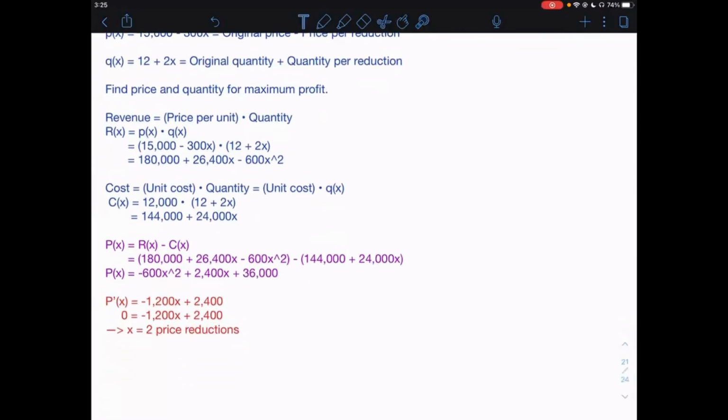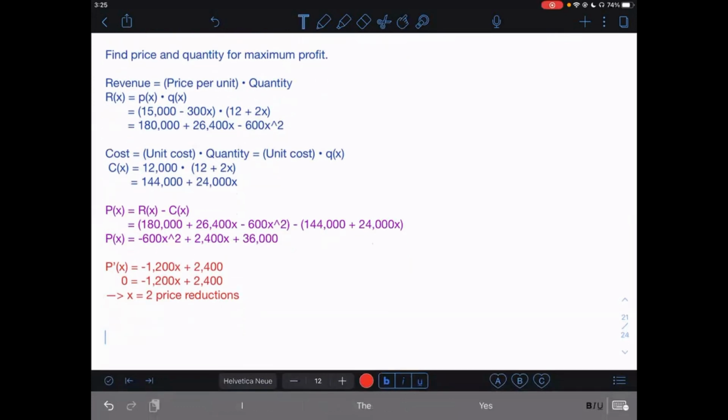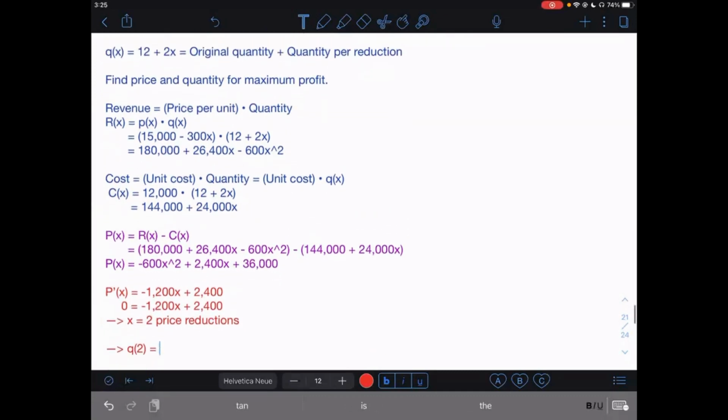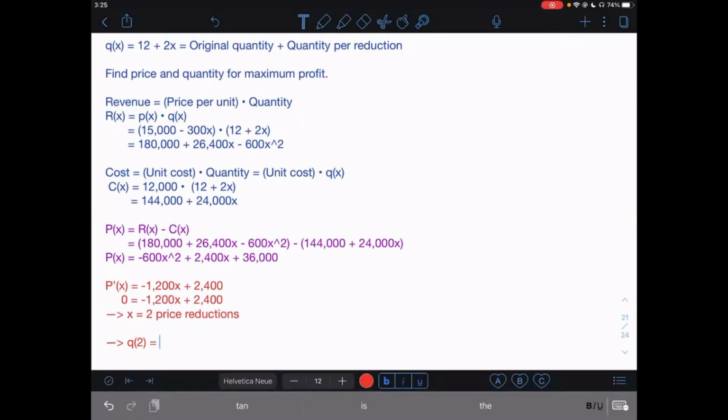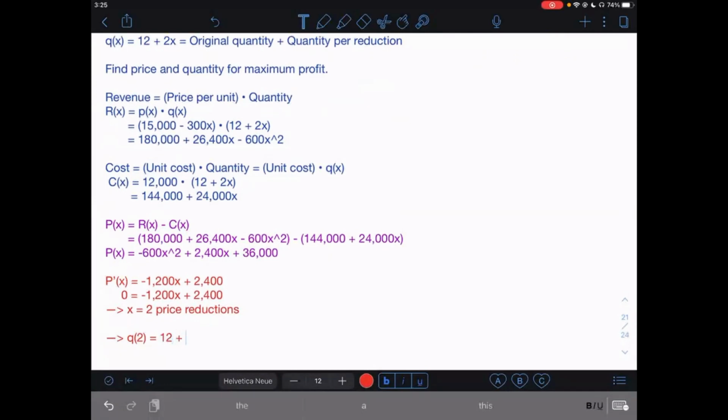All right, so first, let's find the quantity of cars we're going to be making at 2 price reductions. So I'm going to take 2 and plug it into 12 plus 2x. So Q of 2 is going to be 12 plus 2 times 2, to give us 16 here.